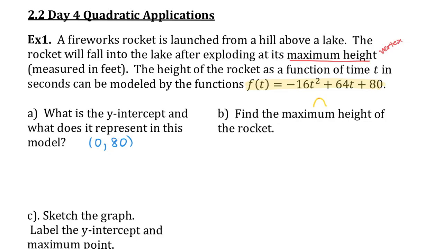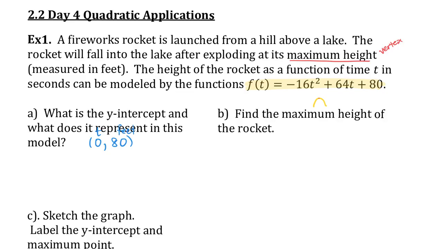The height of the rocket as a function of time, t, in seconds can be modeled by the function f of t equals this equation. So if this is my y-intercept, that's saying at t equals 0, this is 80, with the units for f of t being feet. So at time 0, this is 80 feet. 80 feet what?